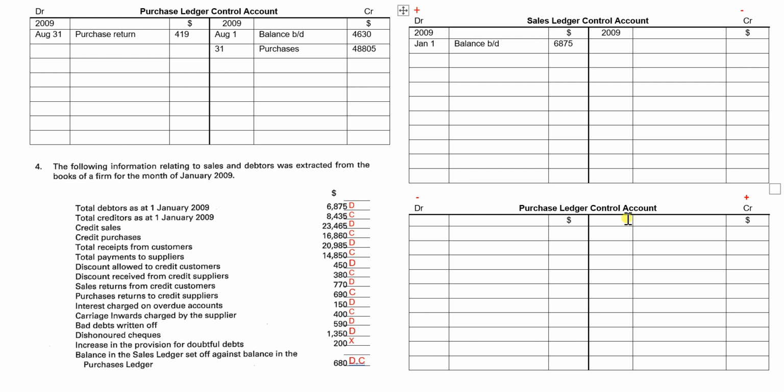And this one we write the debt for the year 2009, okay, and creditors have a credit balance, so January 1, because this is the opening balance, balance brought down on the first day, okay, opening balance, and this is 4,3,5 for the creditors.